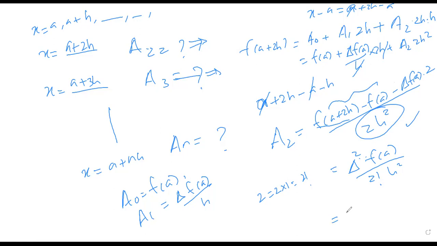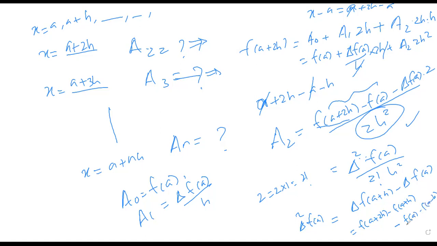Delta squared fa is equal to delta f of a plus h minus delta f of a. And then this will be f of a plus 2h minus f of a plus h, minus f of a plus h minus f of a.